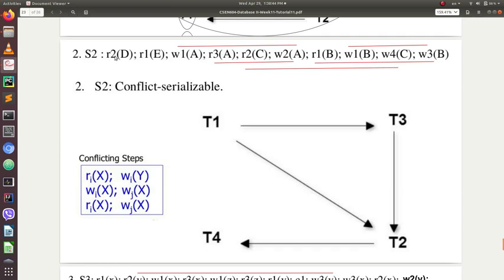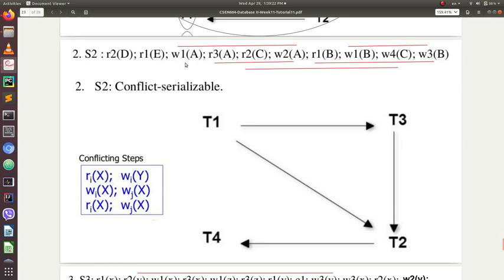I have read of element D. So according to these types of conflicting steps, I must find another write operation of element D. There is no write operation for element D, and there is no write operation for element E.